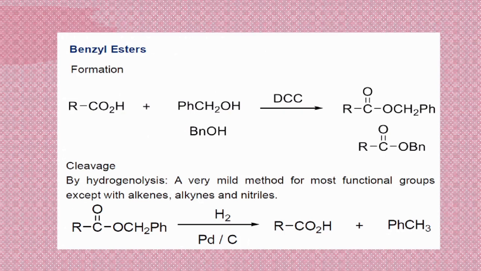Here we deprotect this ester by hydrogenolysis, a very mild method for most functional groups except alkenes, alkynes, and nitriles. Here we treat this compound with palladized carbon, and it undergoes hydrogenolysis, resulting in the formation of acid and toluene. So that is how we protect carboxylic acid as esters, and usually we protect carboxylic acid as methyl ester, ethyl ester, and benzyl ester.